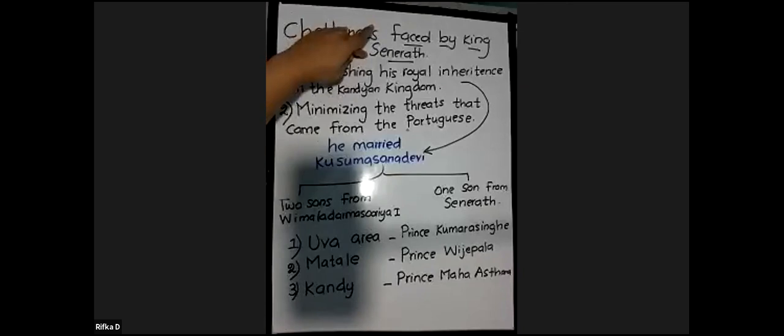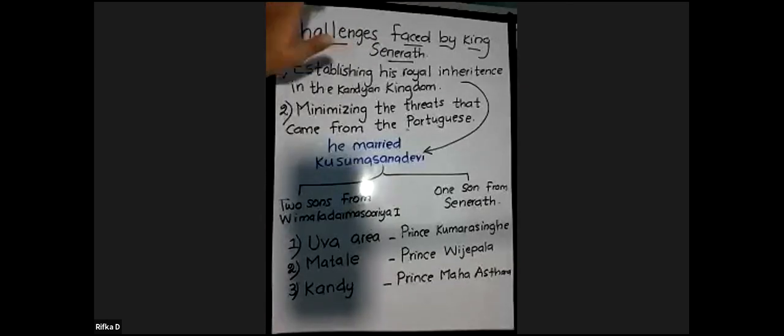So after he became the king of the Kandyan kingdom, again he had to face some challenges. So what are the challenges faced by King Senarath? One is he had to establish his royal inheritance in the Kandyan kingdom. Also, children, he had to minimize the threats that came from the Portuguese at that time. In order to overcome the first challenge, what did he do?